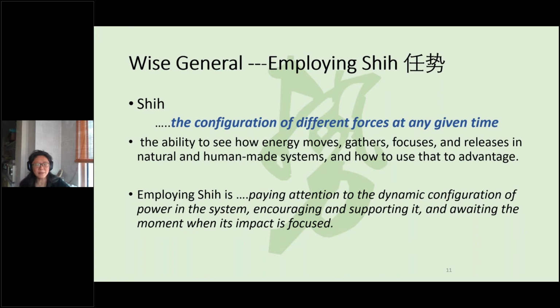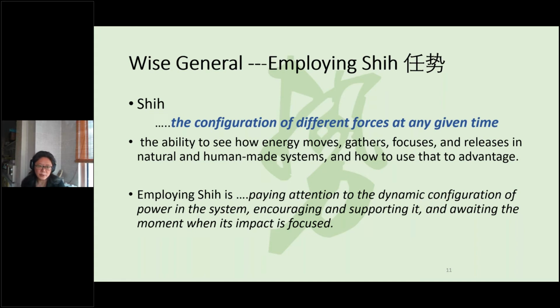And what that means to a leader is that the leaders need to have the ability to actually see this energy, how it moves, how it gathers, how it focuses and releases in the natural and the human-made system, and understand how to use that to its advantage.